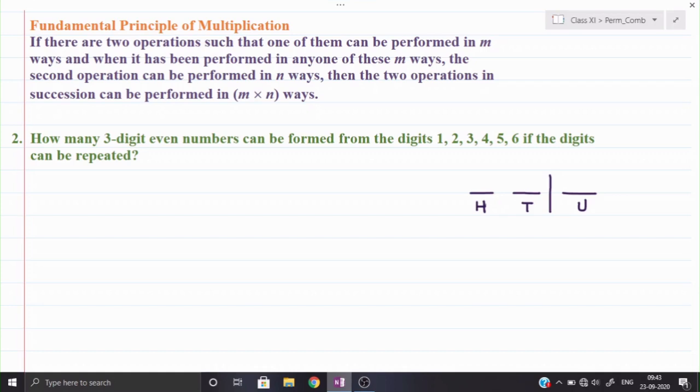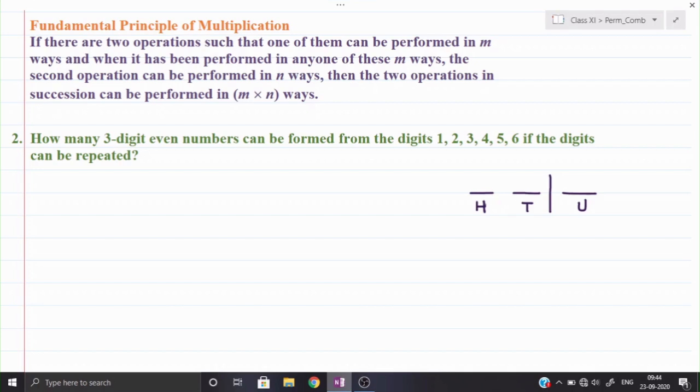The second thing we need to ensure is that the number should be even. For an even number, the last place, the unit place, is always occupied by an even digit, including 0.